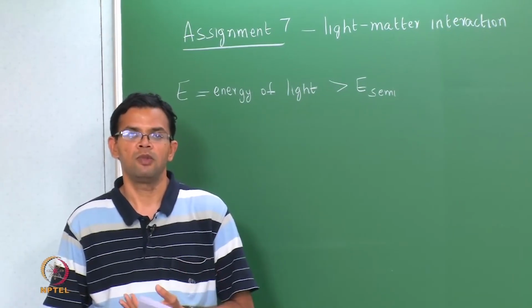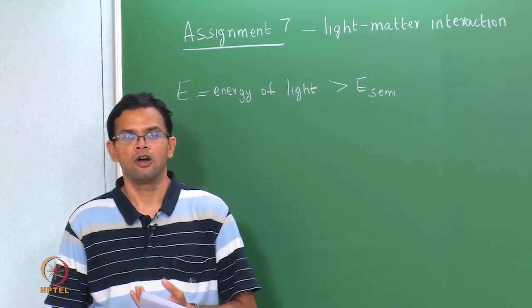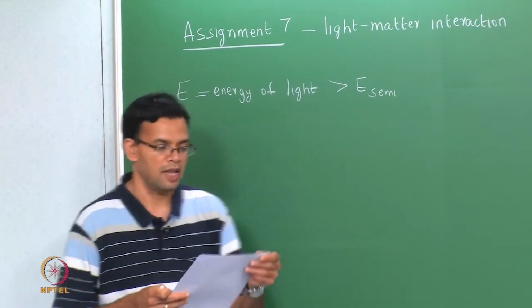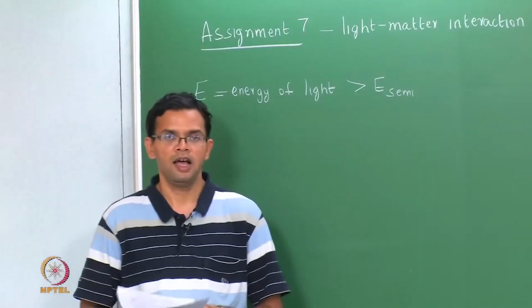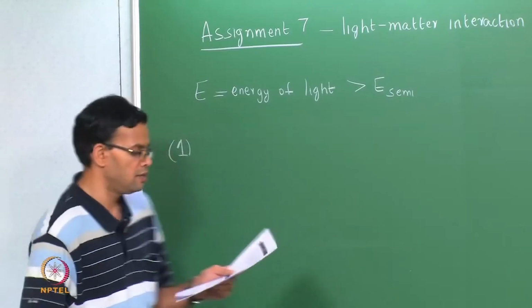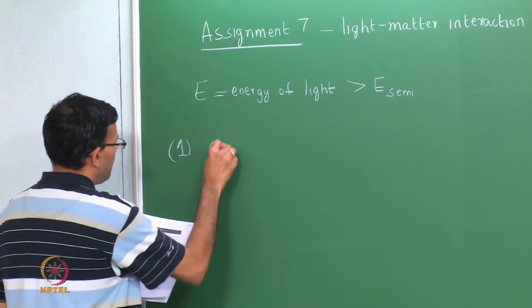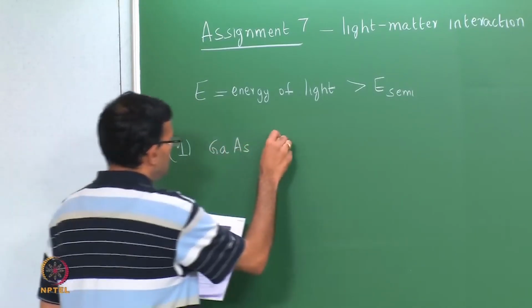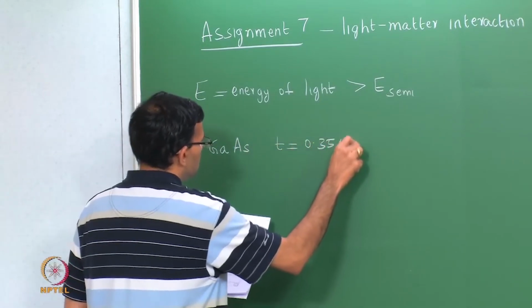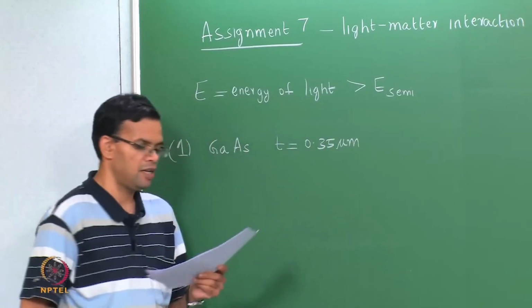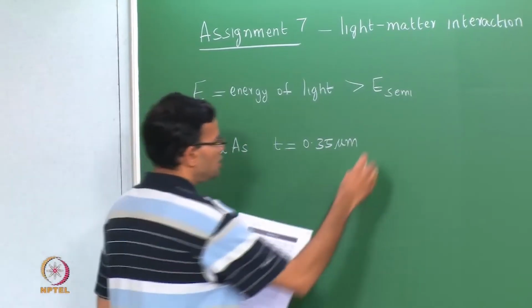As we go through the problems, we will again relate it to the concepts that we dealt with in the lectures. Problem 1. So, we have a sample of gallium arsenide which is 0.35 micrometers thick. It is illuminated with a light source and the energy is given.